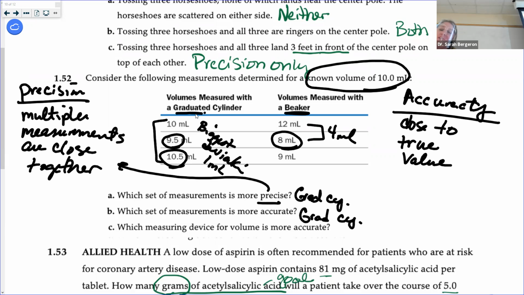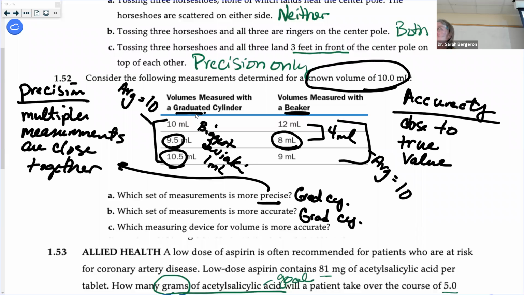So if I took the average, what's my average? 10, right? What's my average here? 10. They're both 10. So you can't just take an average of your values and say, hey, the beaker's great. The beaker's not great.